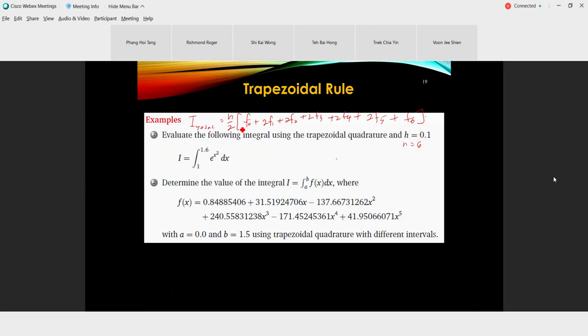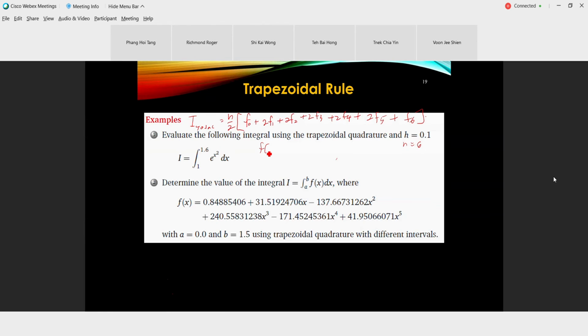So our F0 is at what x? X1. We understand that this is x0, and x0 is 1.